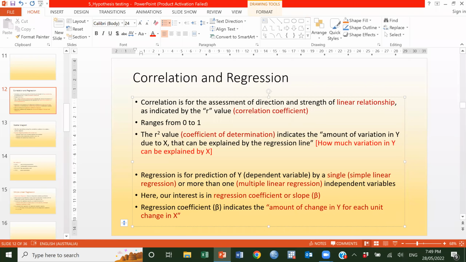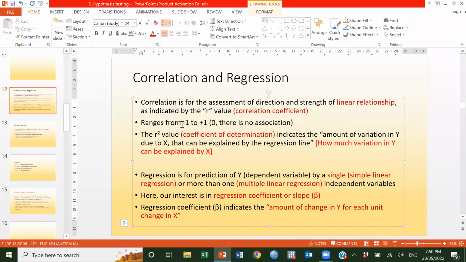Then in that case, it is better to say, sorry, the R value ranges from -1 to +1. If the R value is -1 or +1, it indicates there is perfect correlation between these two variables. If the R value is more or less equal to 0, then it indicates there is no association.